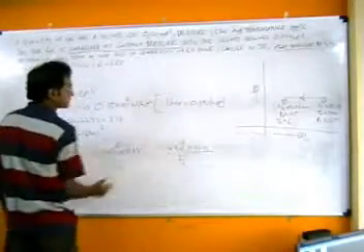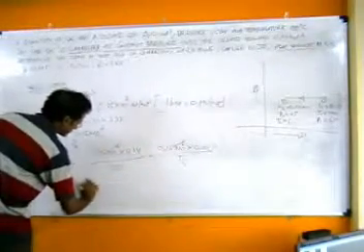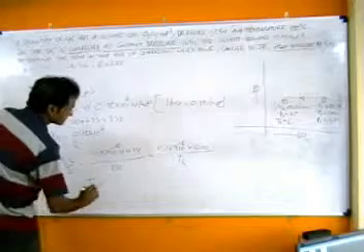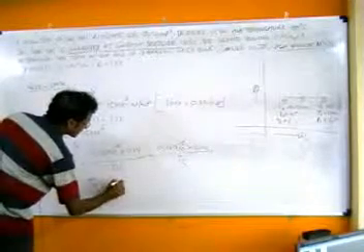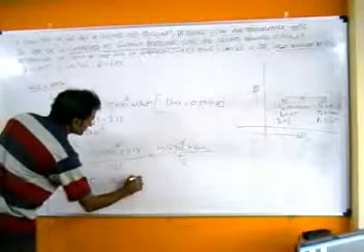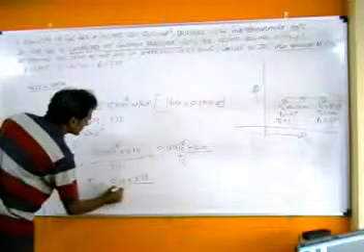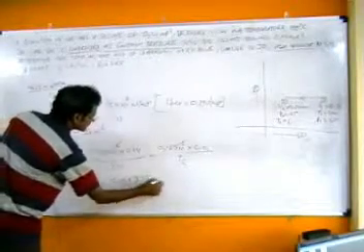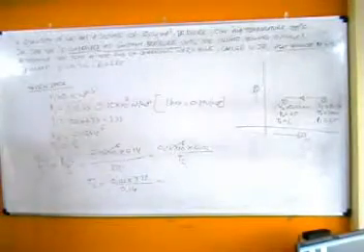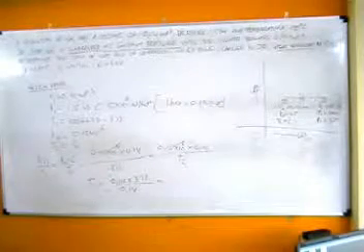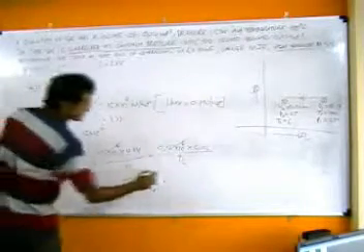Since the pressures cancel, the value of T2 equals 0.112 into 373 by 0.14, the value of which is 298.4.